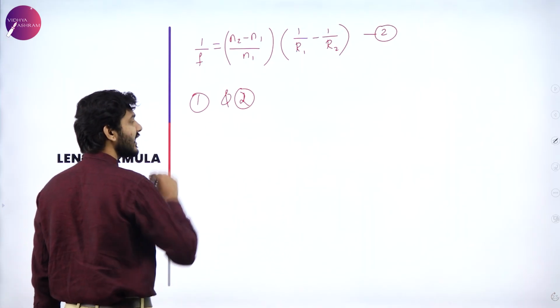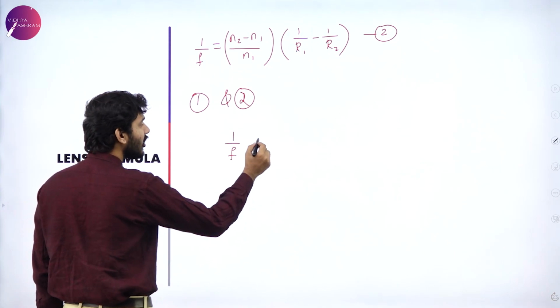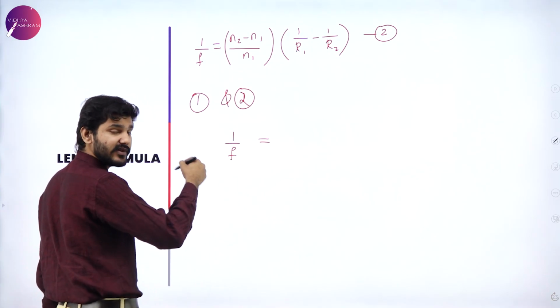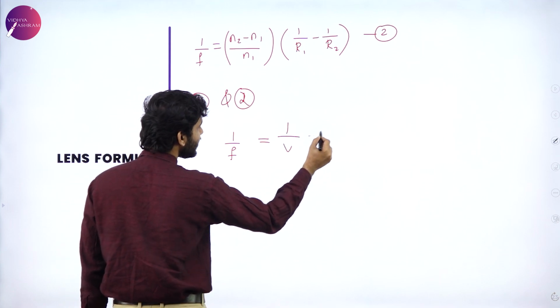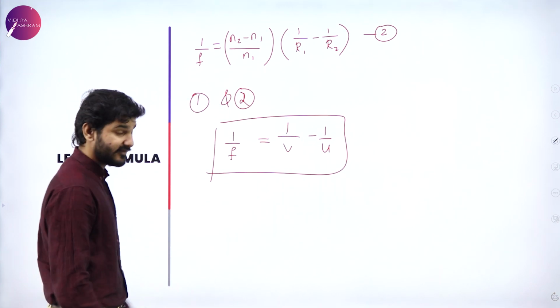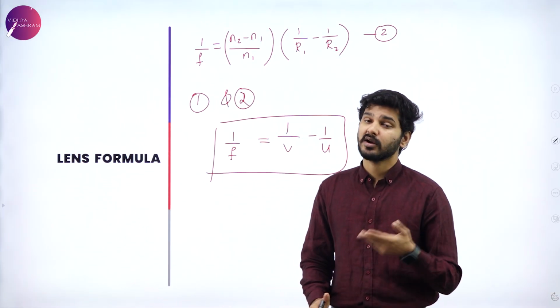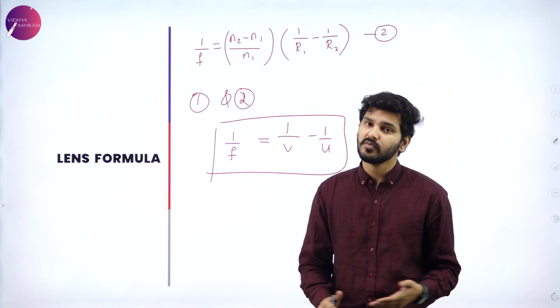So on the left hand side of equation number 2, there is only 1 by f. And on equation number 1, it is 1 by V minus 1 by U. So this is the famous result known as the lens formula, which is 1 by V minus 1 by U is equal to 1 by f.